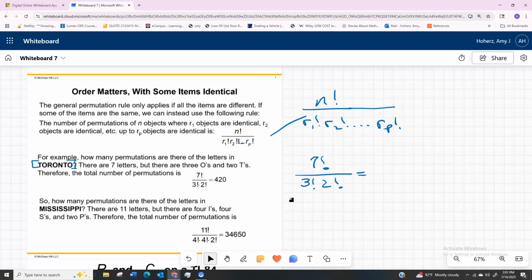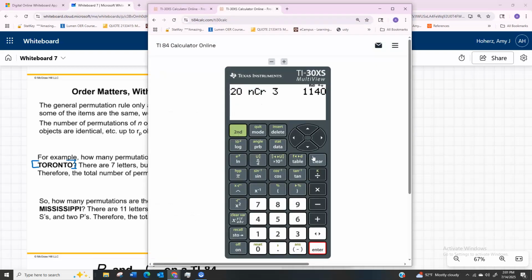So on the calculator, you're going to have to go ahead and use the factorial button. And so you're going to do 7 factorial, divided by parentheses 3 factorial times 2 factorial.